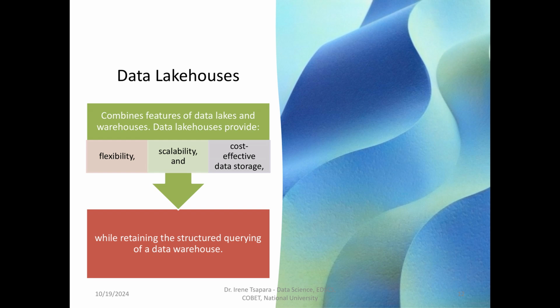This unified architecture supports batch and streaming data, enabling machine learning and BI from the same source. Data lakehouses are especially attractive for modern data platforms that demand both agility and governance. As a data scientist, understanding this architecture will help you design scalable, cost-effective systems that support both operational and analytical needs.